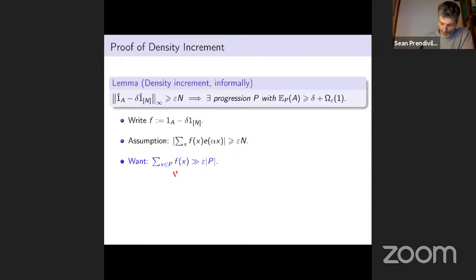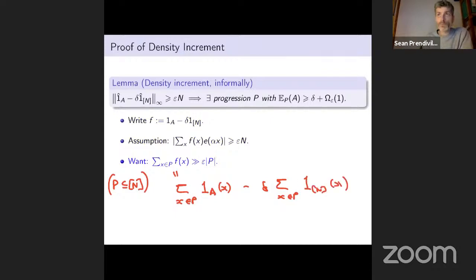So let's look at this. Assuming that P is contained in our set N, this sum here is a sum over x in P of the indicator function of our set, minus delta times the sum over x in P of 1_{[1,n]}(x).